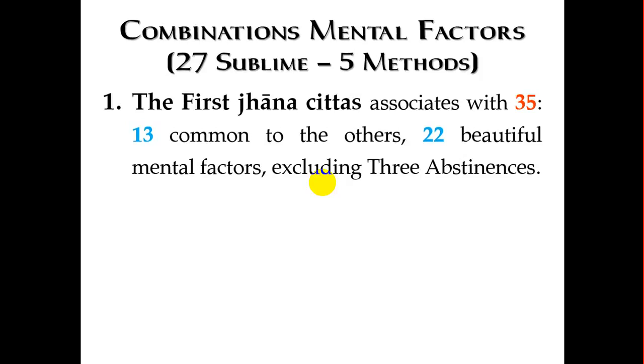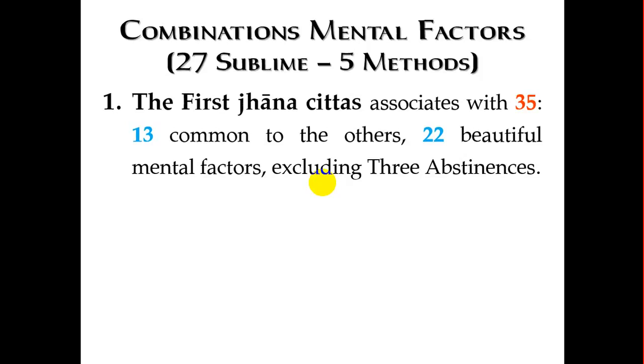So here, let's talk about the first jhana chittas. Here, the first jhana means from the 27 sublime chittas. The supramundane jhana is not here. So the first jhana chittas are associated with 35.